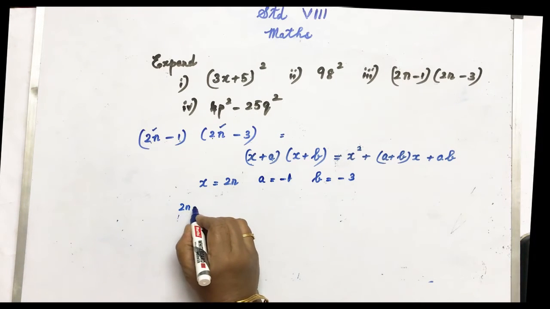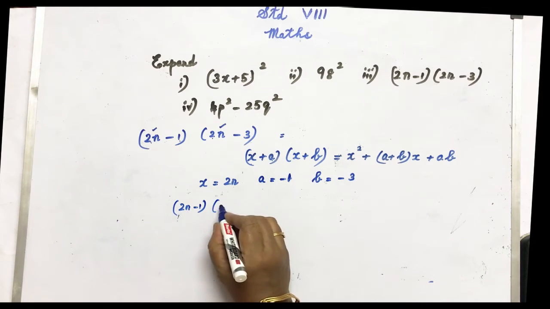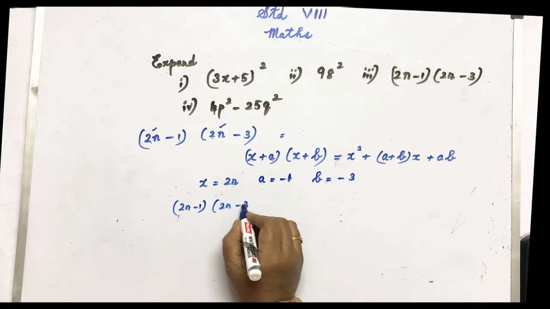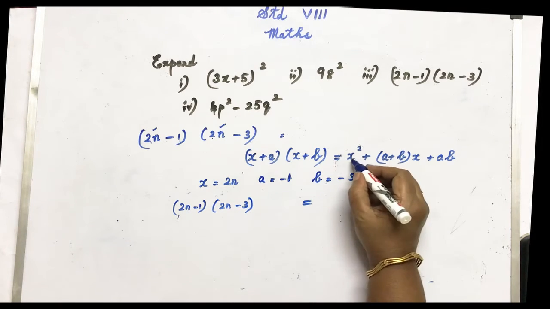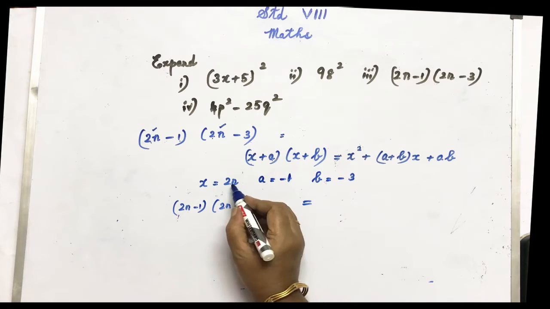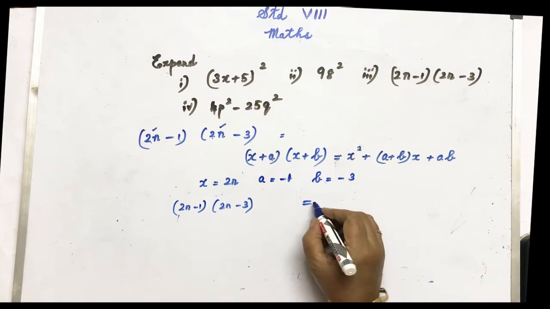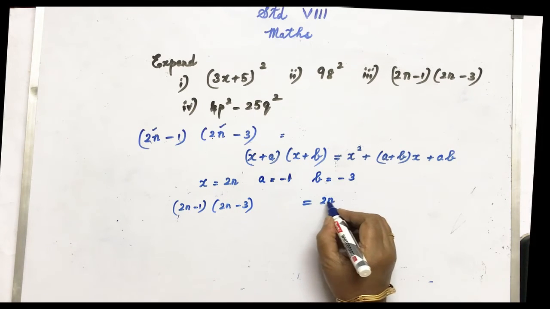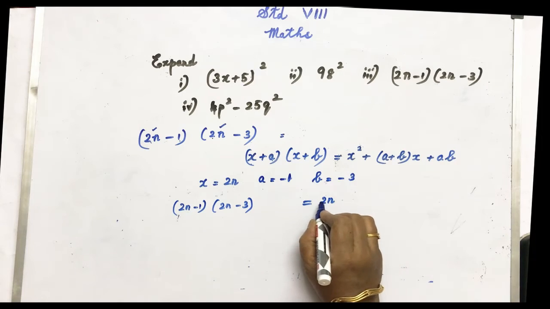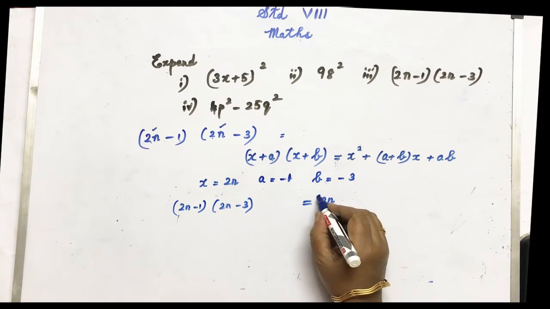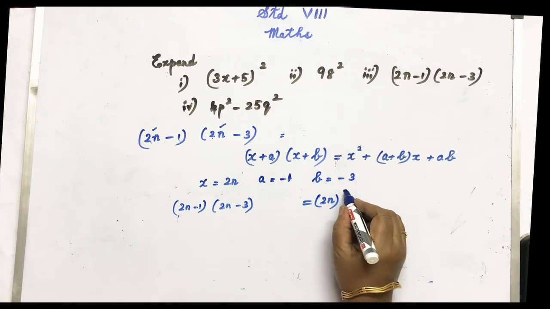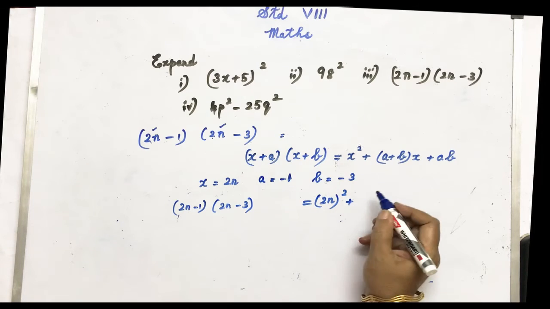So 2n minus 1 into 2n minus 3 is equal to x squared. So in the place of x what do we have? 2n. Here also one constant, one variable, so we have to put it whole squared, plus a plus b.